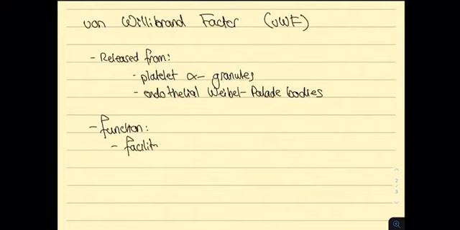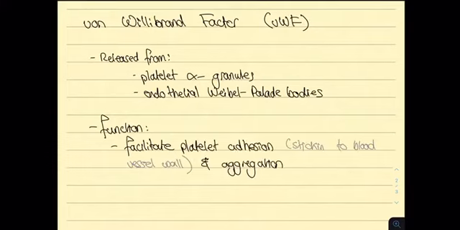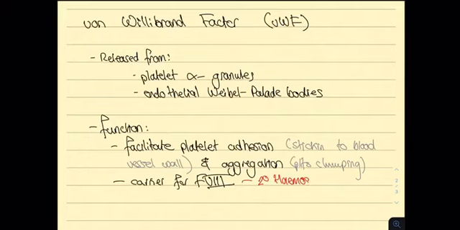The function of von Willebrand factor is what's very important here. Its function is to facilitate platelet adhesion, where platelets stick to the damaged area of the blood vessel lumen. This in turn facilitates platelet aggregation, where platelets clump together and stick. Von Willebrand factor is also a carrier for factor VIII, which we shall discuss in secondary hemostasis.